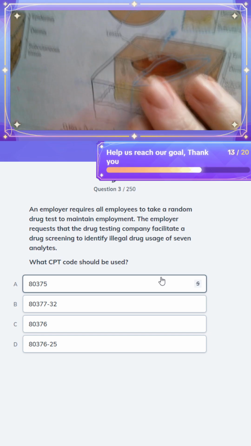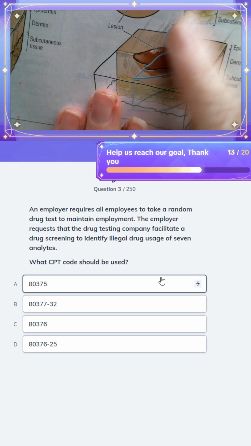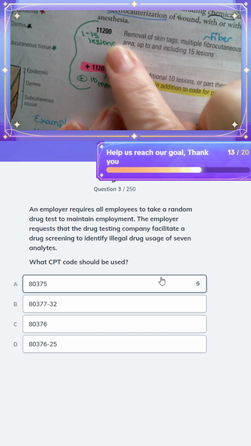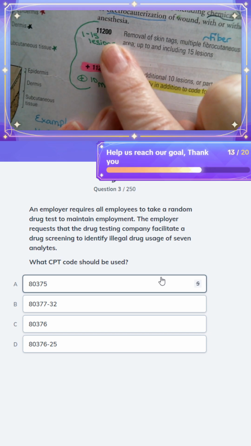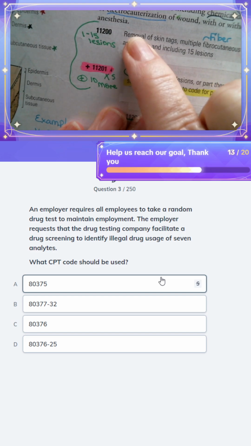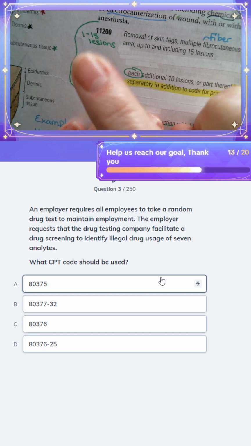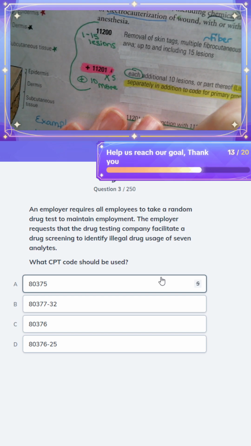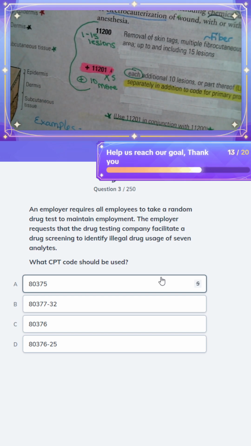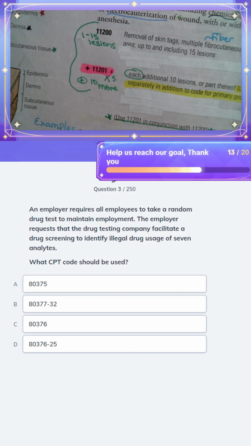So if you find any answers that start out with the 1000 code section with the modifier 52 at the end of the answer, you can get rid of that as a possible answer, and that'll cut you down to maybe even a 50-50 shot at picking out the correct answer. Does anyone have a correct answer for this one?